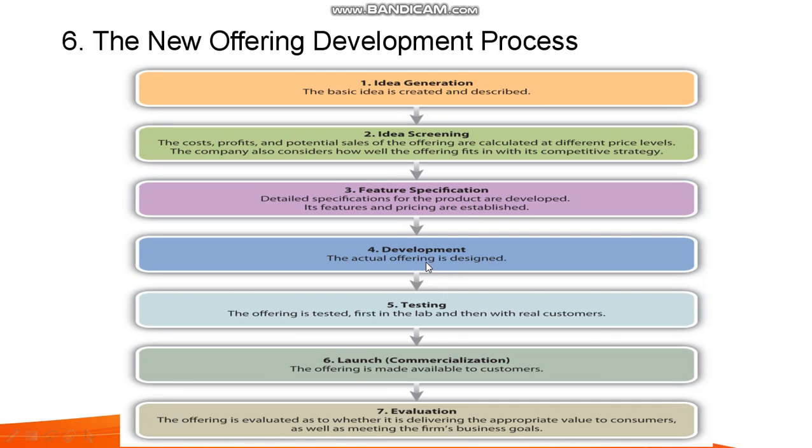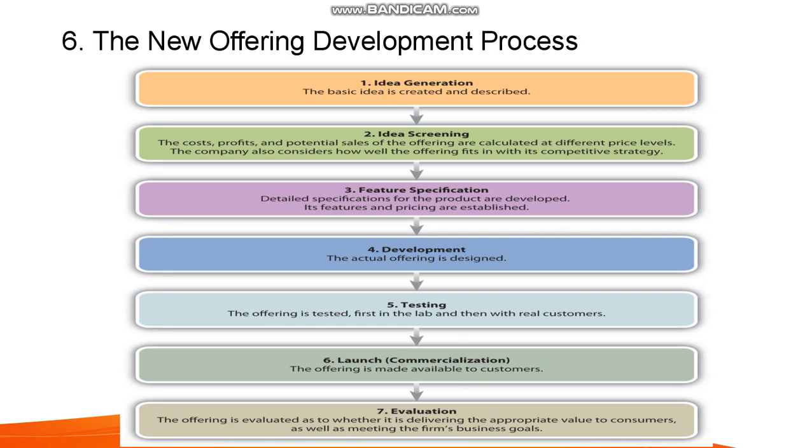Step number four is development. It means the actual offering is designed. Number five, testing. It means the offering is tested, first in the lab and then with real customers. Number six, launch or commercialization.